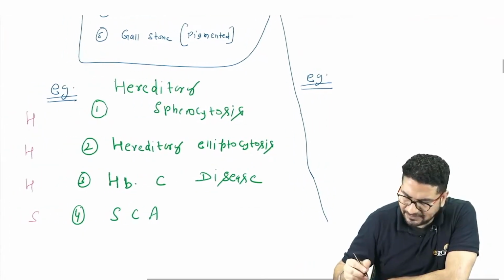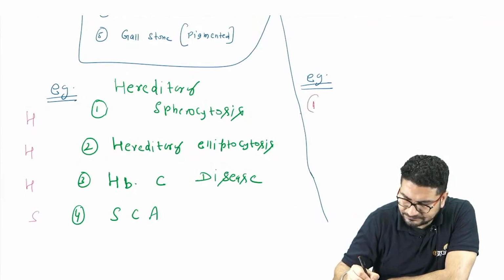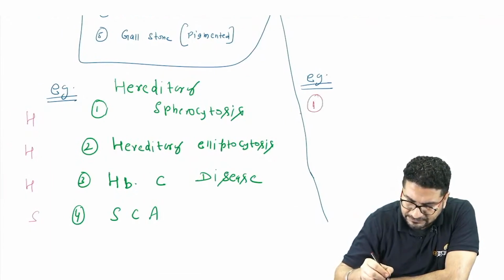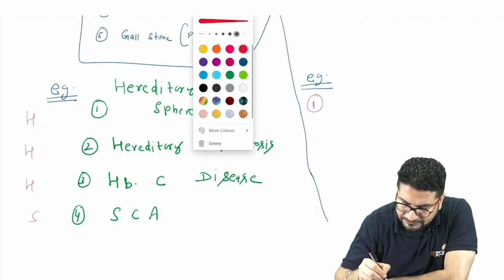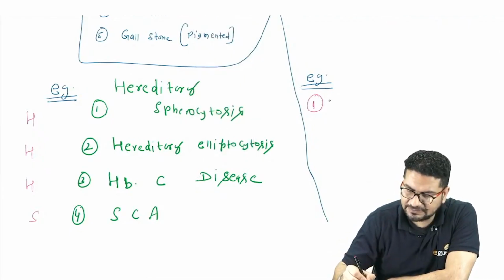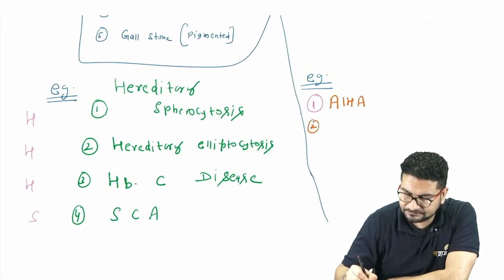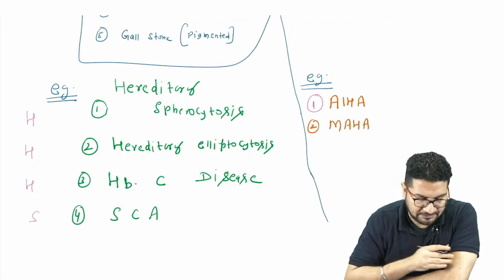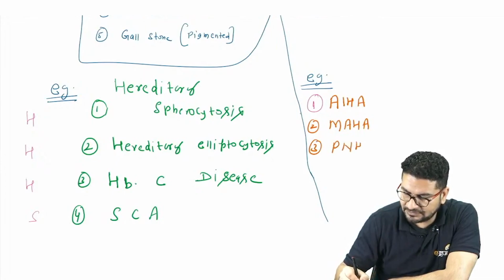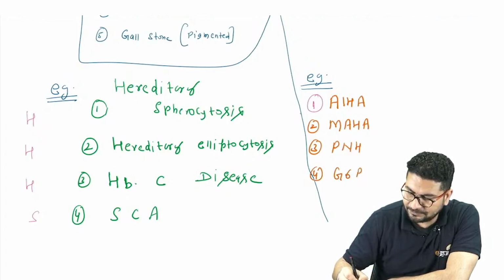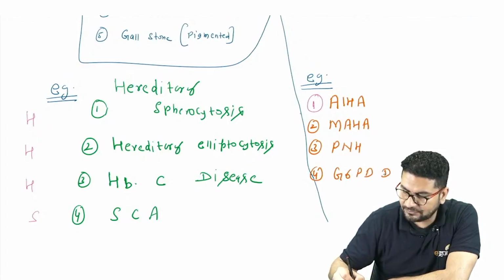If I say examples of diseases with intravascular hemolysis, you will see intravascular hemolysis in autoimmune hemolytic anemia, microangiopathic hemolytic anemia, MAHA, paroxysmal nocturnal hemoglobinuria, and G6PD, glucose 6 phosphate dehydrogenase deficiency anemia.